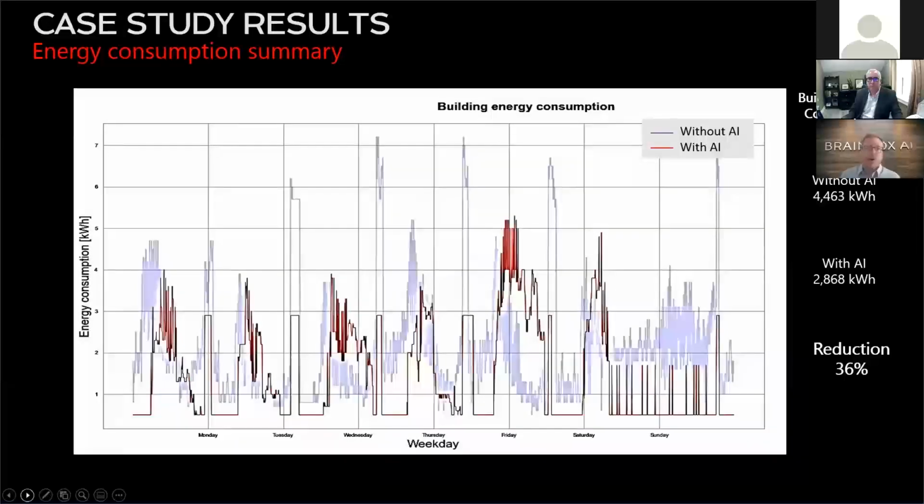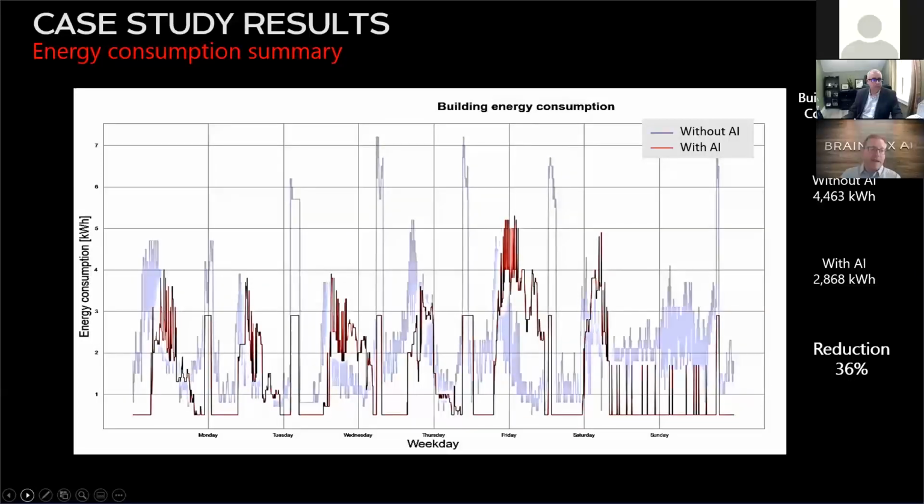When we look at all the different pieces of equipment, we can start looking at the energy consumption as a whole. One of the key factors, which we didn't go into too much in the beginning, is understanding the energy consumed per piece of HVAC equipment. One of the big things BrainBox does is create a virtual electric meter, in real time, for every piece of HVAC equipment, because we have to understand how different pieces consume.